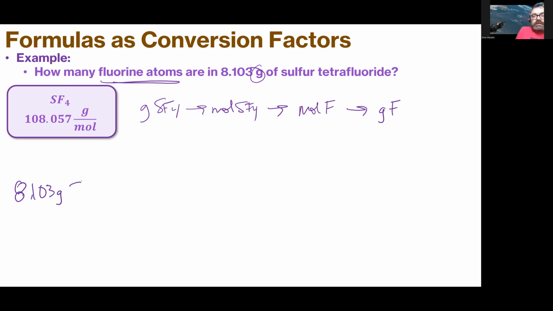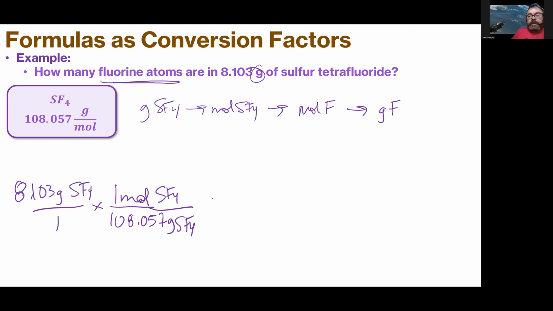8.103 grams SF4. Now this one we're doing grams of different things and moles of different things. So we're going to put the formulas in there because I like the formulas in there and you need to put the formulas in there just so we know what we're talking about. All right, grams of SF4, we're getting molar mass. 108.057 grams per 1 mole. This is SF4.